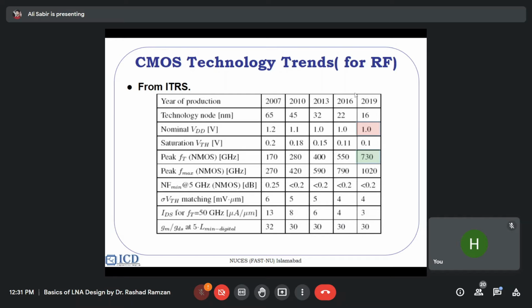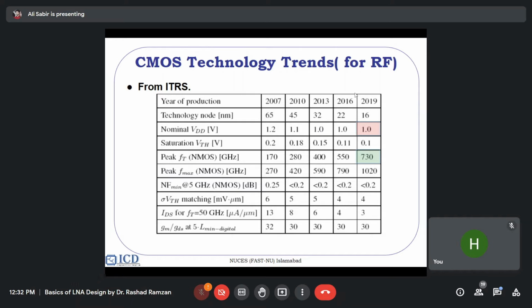FT is a key parameter which determines the frequency of operation. For example, in 5G we have a 28 to 32 gigahertz millimeter wave band, and we want to design a front end for it. If you look at the FT, it's 730 gigahertz for the 16 nanometer CMOS technology.